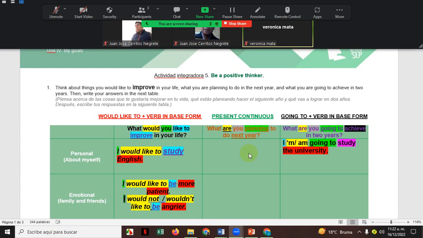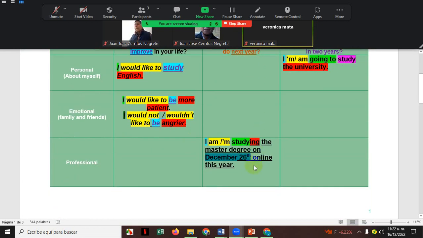Present continuous is for fixed arrangements in the future, something that you are sure is going to happen because you have a ticket, because you have the time, the day, the complete date, etc. For example, I'm studying the master's degree on December 26th online this year.